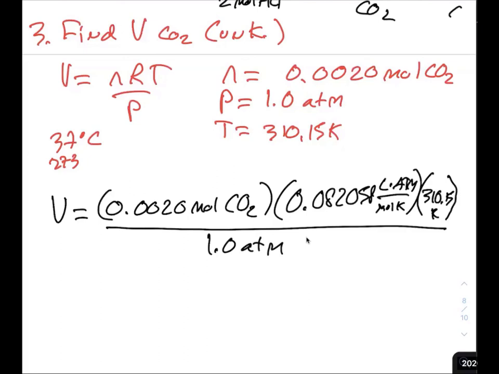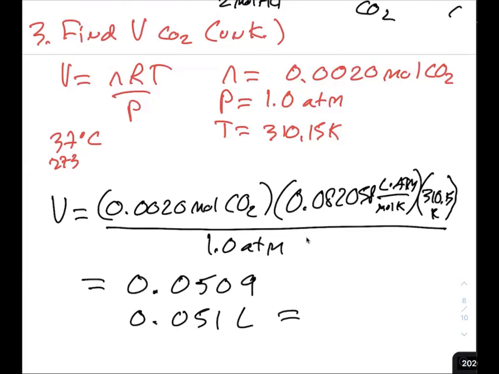My best is 2 sig figs again. So this becomes 0.0509, and so 2 sig figs would be 0.051 liters, or 51 milliliters. So that's how much gas I burp when I take some Tums, essentially.